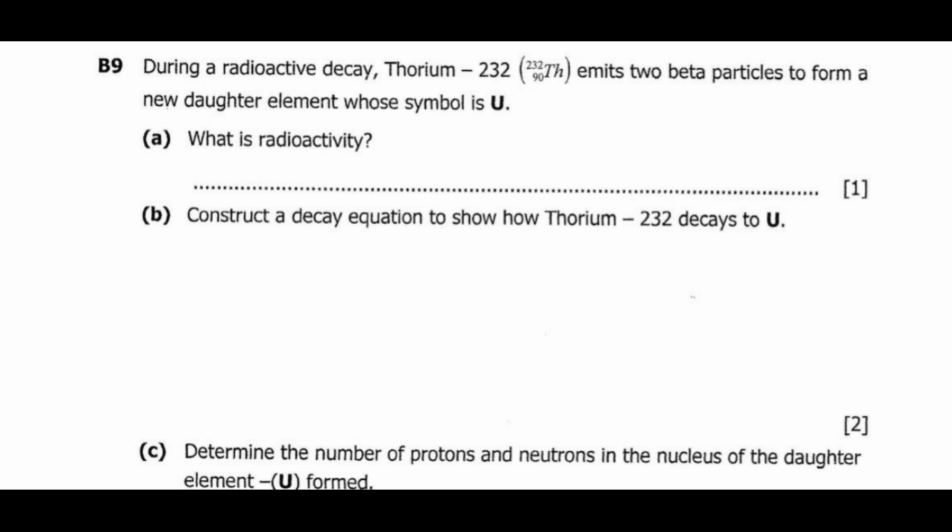There are so many definitions of radioactivity, so questions like this depend on the one that you've committed to memory. We can just say this is the emission of radiation by a substance.